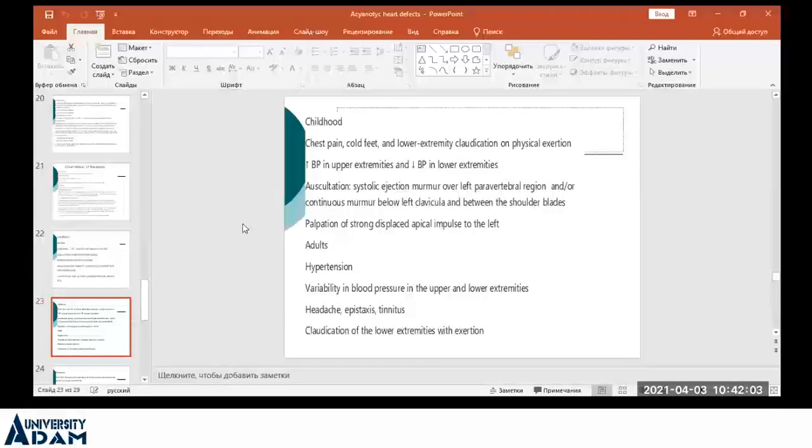Auscultation findings include systolic ejection murmur over the left paravertebral region and/or continuous murmur below the left clavicle and between the shoulder blades. Palpation: strongly displaced apical impulse to the left. In adults, there may be hypertension, variability in blood pressure in the upper and lower extremities, headache, epistaxis, tinnitus, and claudication of the lower extremities with exertion.